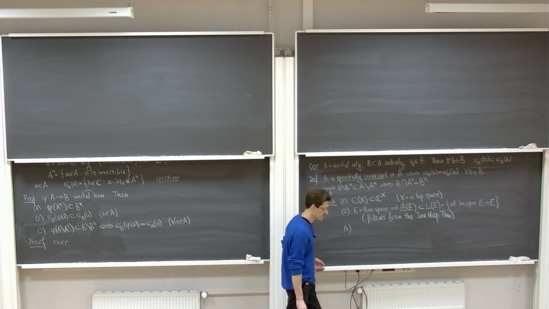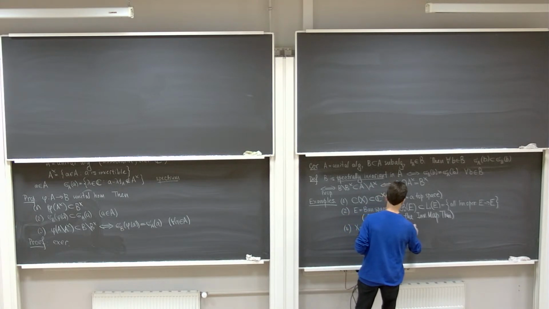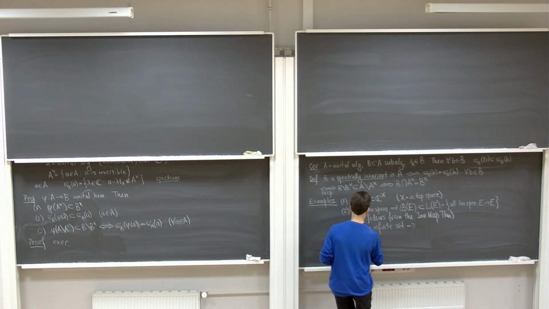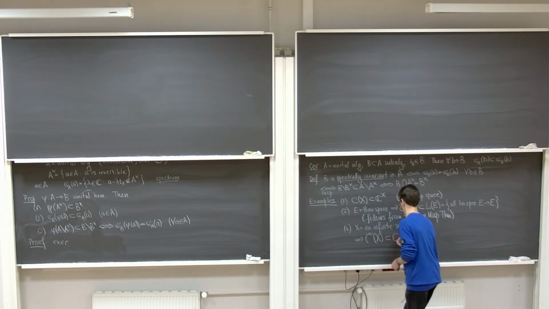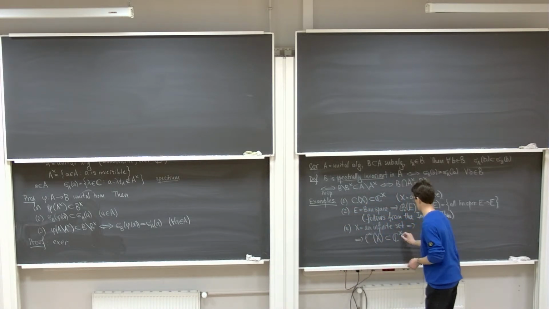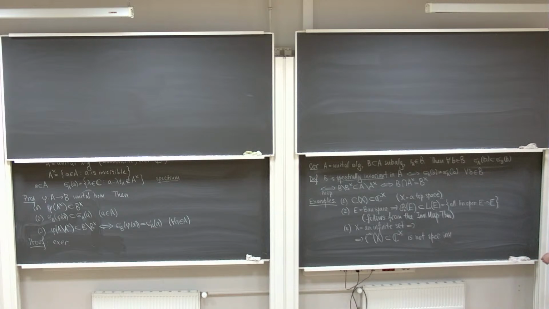And now a non-example. If we take any infinite set X, then the algebra little L infinity of X, of all bounded functions on X, is not spectrally invariant in the algebra of all functions on X. And these subalgebras are spectrally invariant.